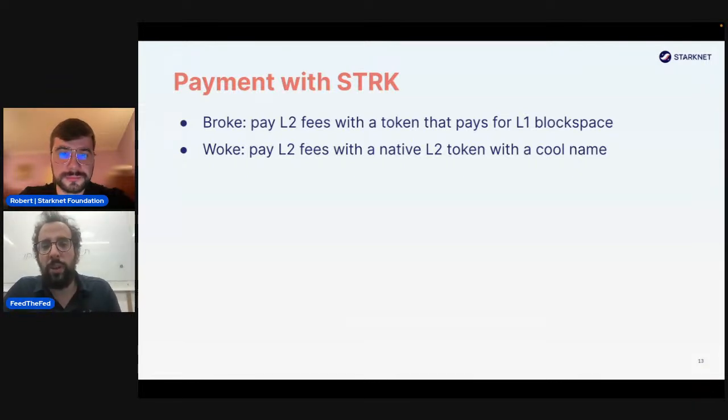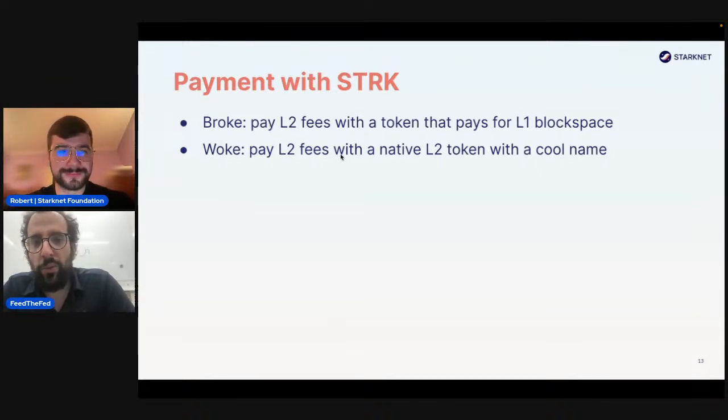But when I want to pay for the sequencer, who's getting different proposals from transactions that want to be included in an L2 block, it's weird to couple that with the token that is responsible for L1 block space. So yeah, broke: pay L2 fees with an L1 token; woke: pay L2 fees with Stark.